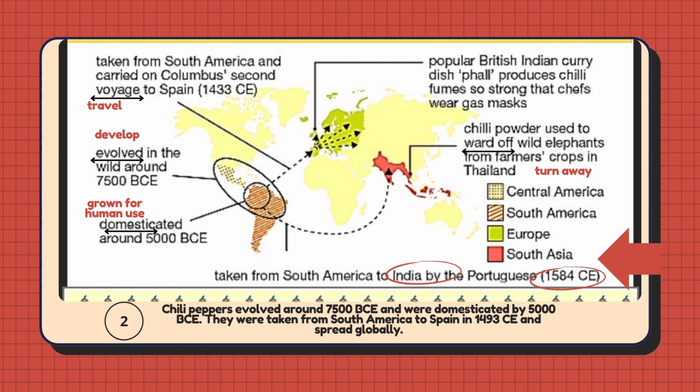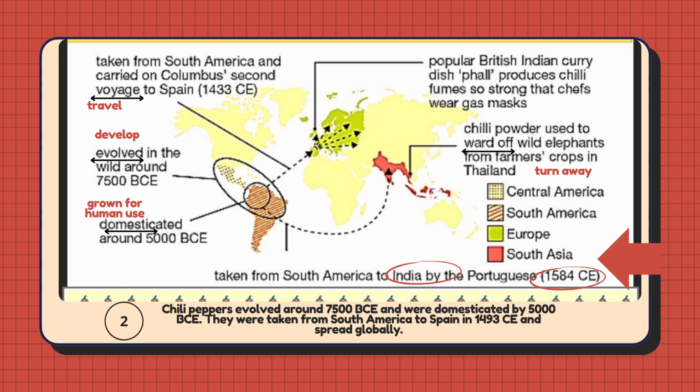As you can see there, you can find taken from South America and carried on Columbus' second voyage to Spain. So, Columbus is a person, and Columbus had the second travel to Spain, from South America to Spain. So travel and voyage are the same. And then it spread globally.